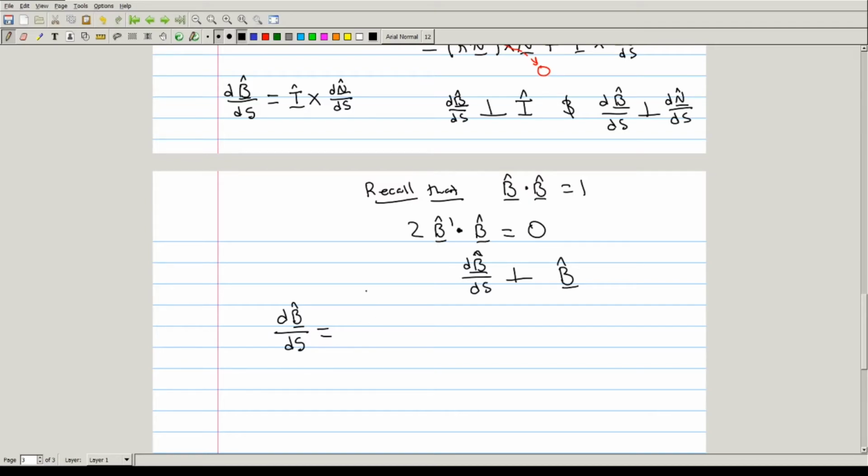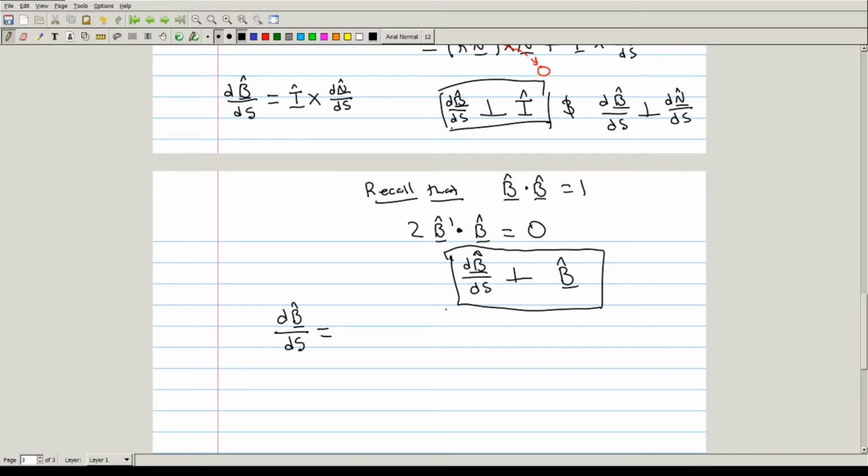So, because the derivative of the binormal vector is perpendicular to both the unit tangent vector and the unit binormal vector, the only direction it can point is the n hat direction.